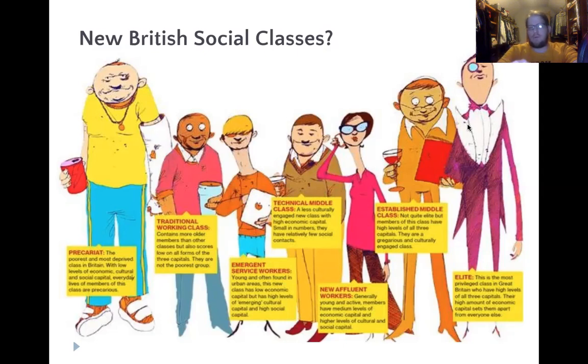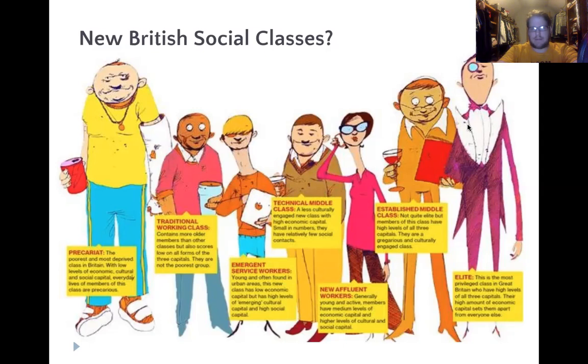These are people who are not just living in poverty, but also have a low level of political or social capital, which means it's difficult for them to feel like the government or the policymaking organs of the nation state care for them.